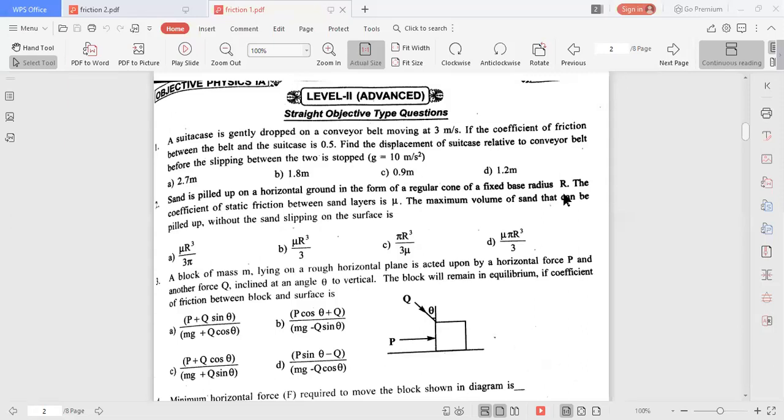That's why the normal reaction is equal to mg plus Q cos theta. In this we have to obtain only mu. So what is the answer? Mu is equal to P plus Q sin theta by mg plus Q cos theta. So option 1 is correct.